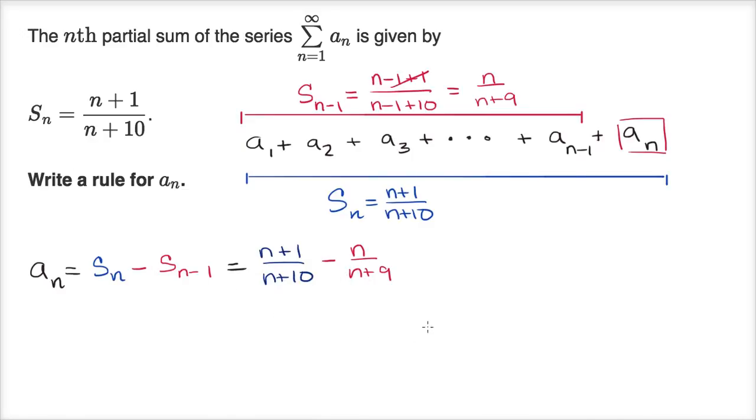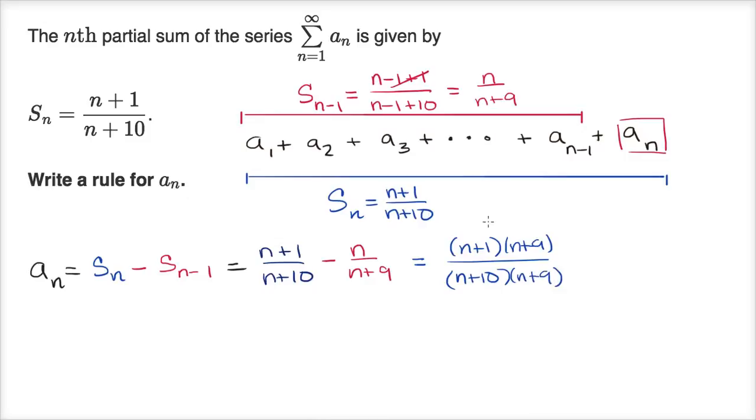And if we want to simplify this, well, we can combine these two fractions by having a common denominator. So let's see, if we multiply the numerator and the denominator here times n plus 9, we are going to get n plus 1 times n plus 9 over n plus 10 times n plus 9.